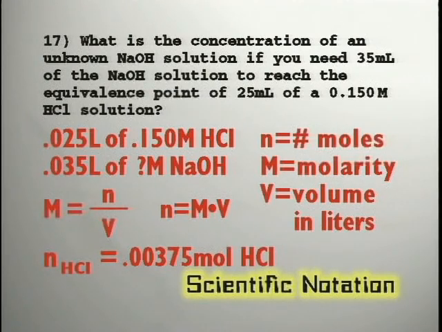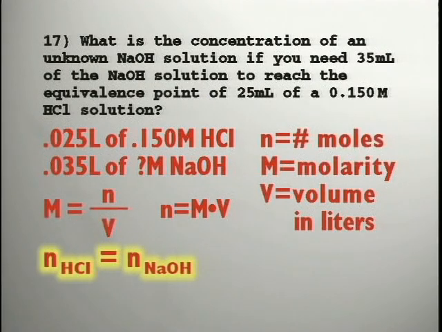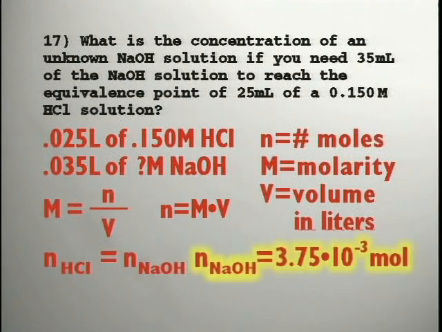According to scientific notation, 0.00375 moles of HCl is the same as 3.75 times 10 to the negative 3 moles of HCl. Again, since they are equal in the balanced equation, the number of moles of NaOH will equal the number of moles of HCl. So we need 3.75 times 10 to the negative 3 moles of NaOH.